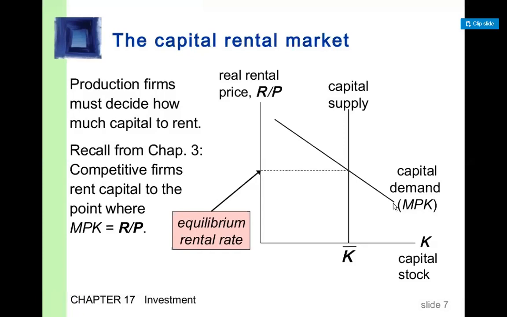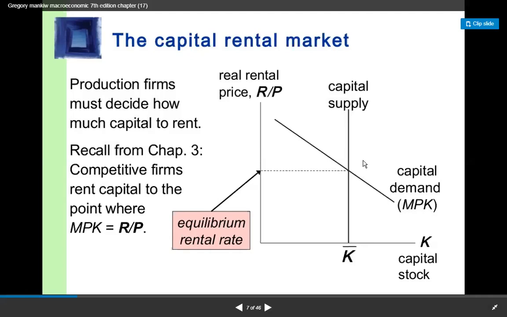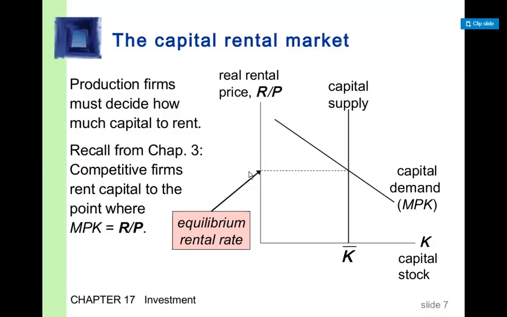Okay, so finally the equilibrium point is here, that you can write here as point E, that is the equilibrium point, where MPK equals R over P. First, equilibrium is where capital supply equals capital demand, where rental firms are willing to supply capital, and perfectly competitive production firms are willing to demand capital at the equilibrium point.